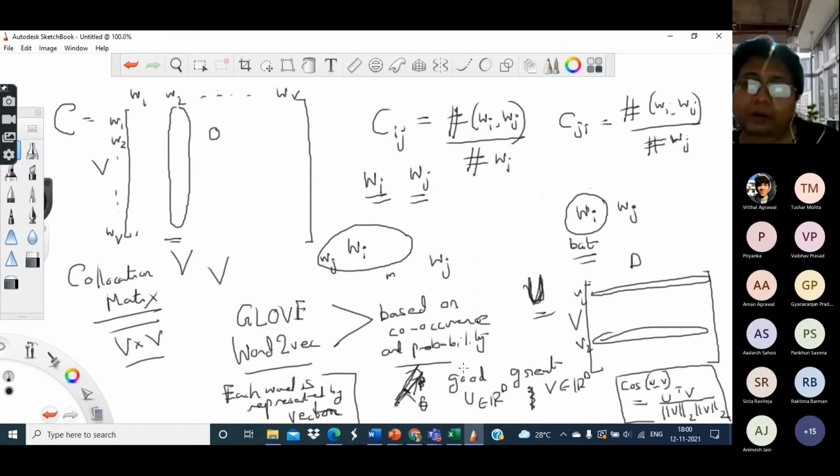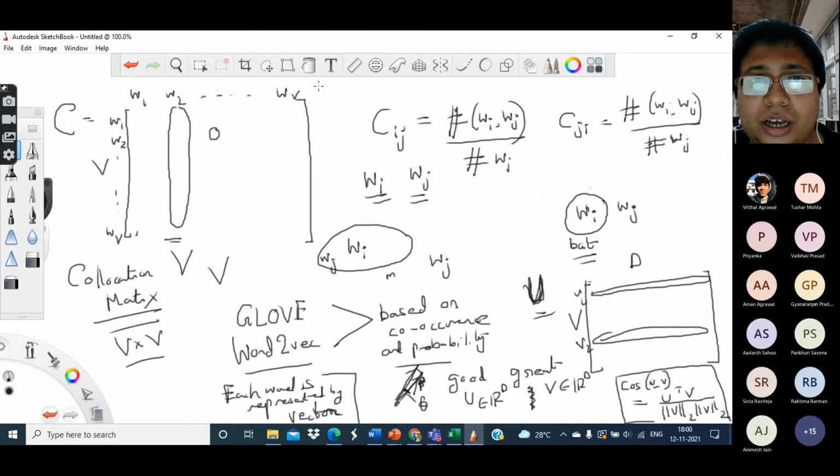That they will co-occur in the context of similar words, or they will tend to have similar words as context. As a result, their corresponding embedding vectors will be quite close to each other. And various interesting games can be played using these word vectors.